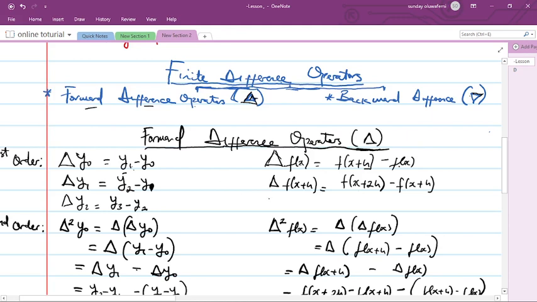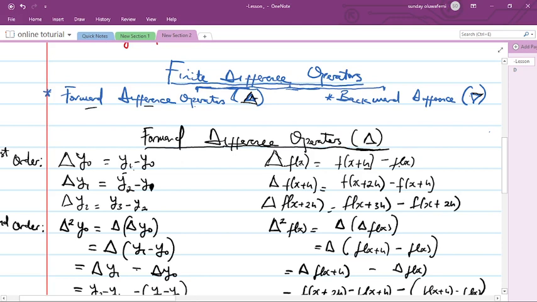If we move a little step forward by checking the forward difference operator of f of x plus 2h, then we are going to have f of x plus 3h minus f of x plus 2h.